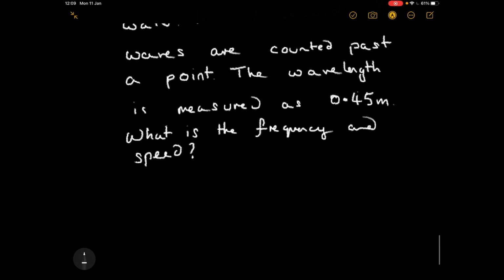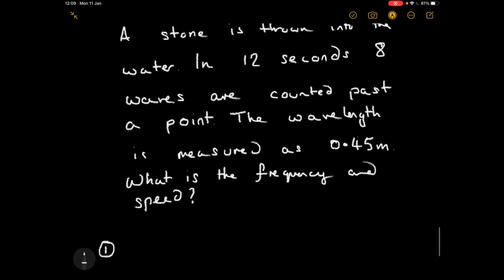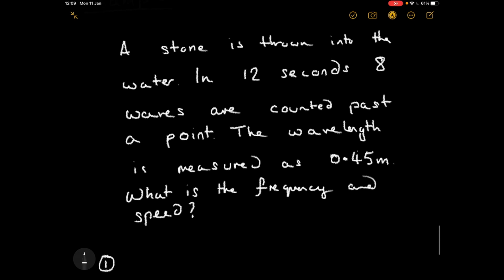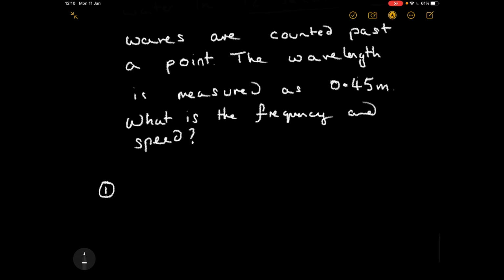Okay, so step 1. Given that in 12 seconds we have 8 waves, we want to know what you get in 1 second. So 8 waves in 12 seconds.